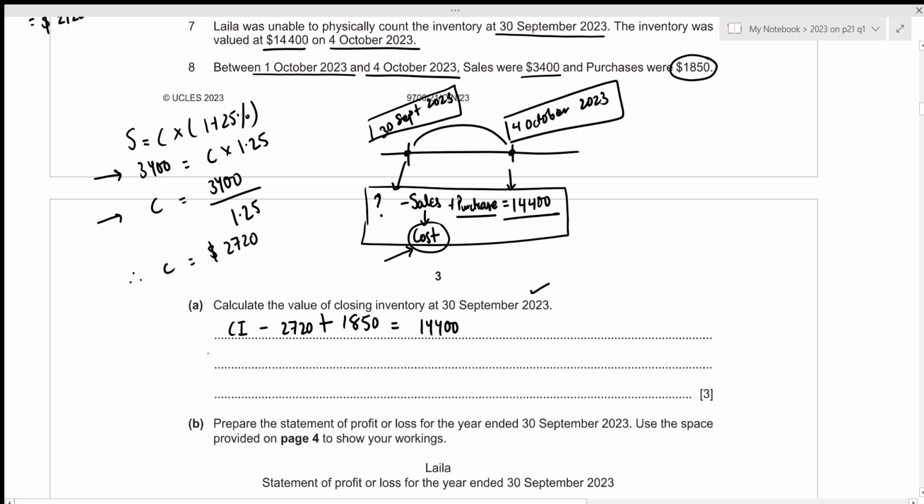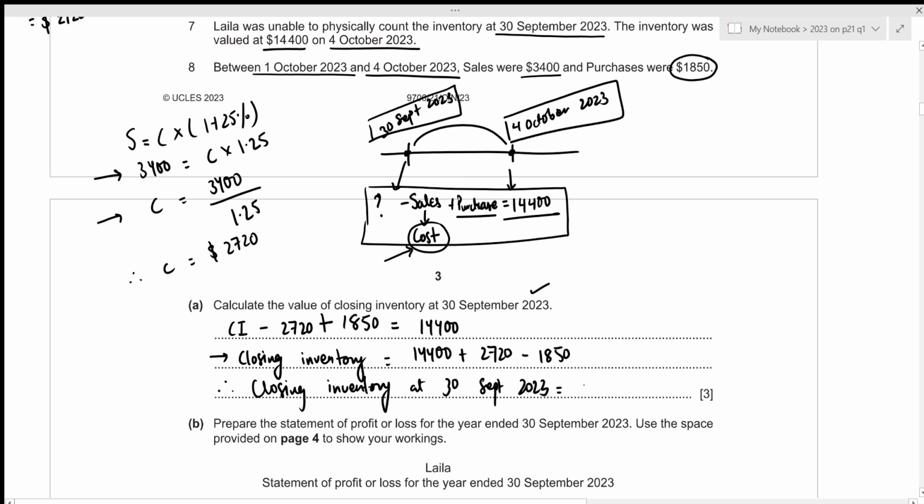So this just means that our required closing inventory is 14,400 plus 2,720 minus 1,850, which means that the value for the closing inventory at 30 September 2023 is just going to be 15,270.